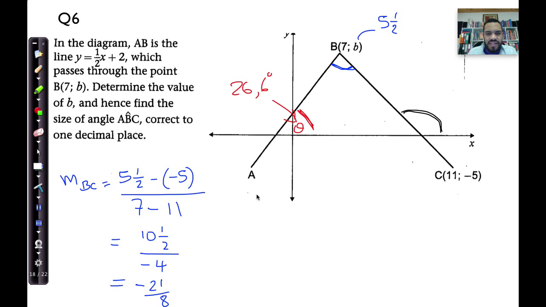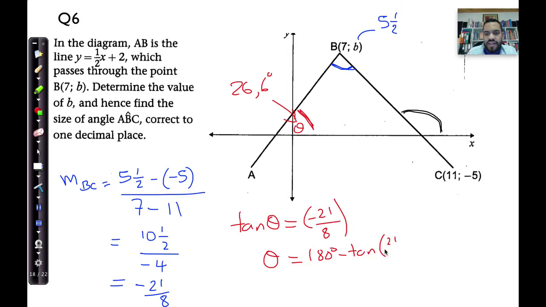So I want to, again, get to finding that angle. So how do I find the angle? Well, I say that's the gradient. I say tan theta, the gradient, is equal to negative 21 over 8. Okay, and now I can just say theta is equal to 180 degrees minus tan inverse of 21 over 8.